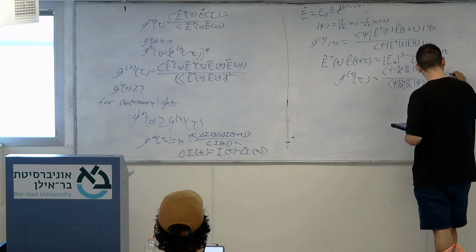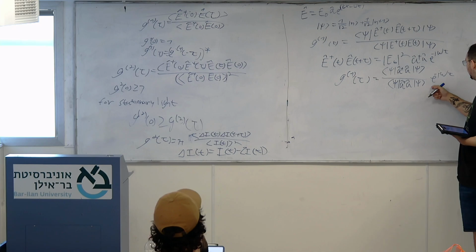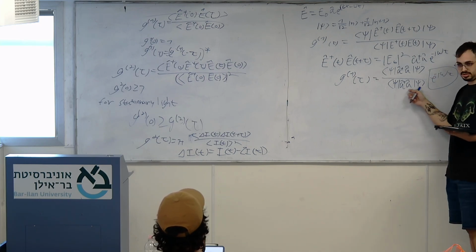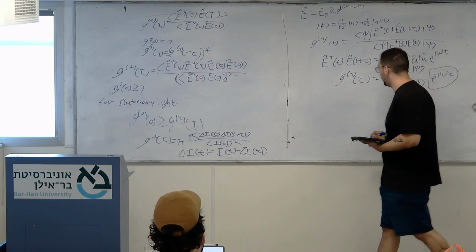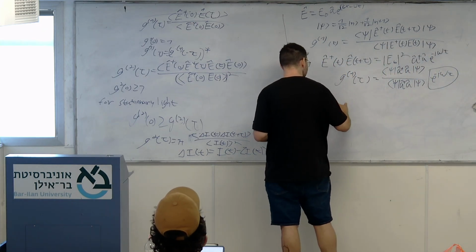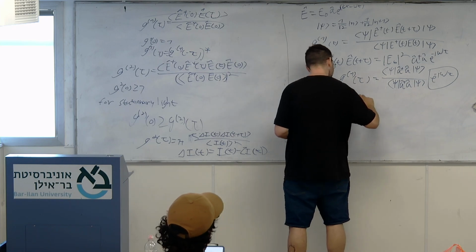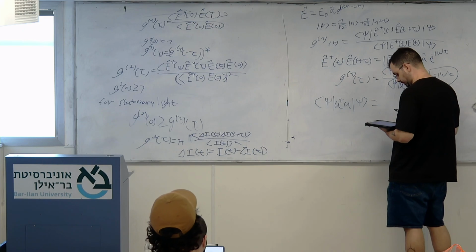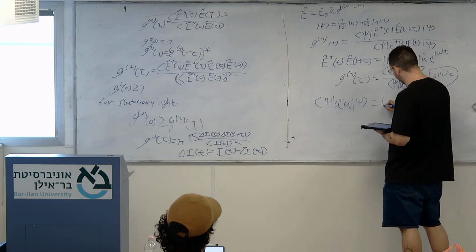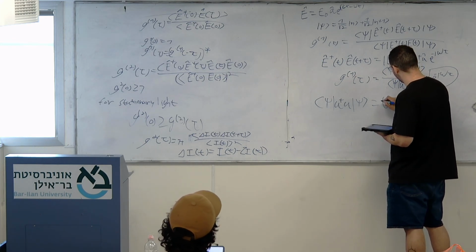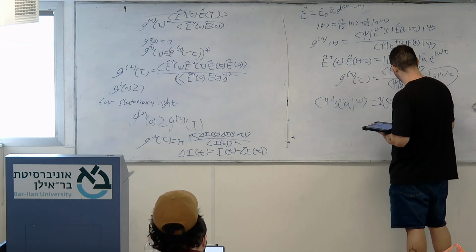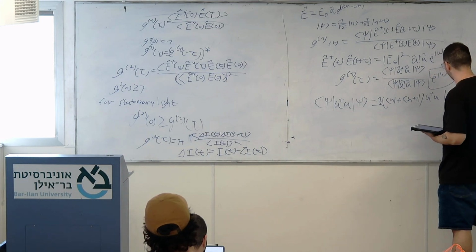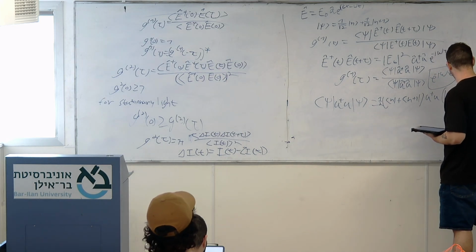Right? Now, I think it's obvious to all of us that this would be the answer, but just to make sure that we're all up to speed, let's put this down. This would be 1 over 2 times the bra of n plus the bra of n plus 1, times a dagger a, times the ket of n plus the ket of n plus 1.